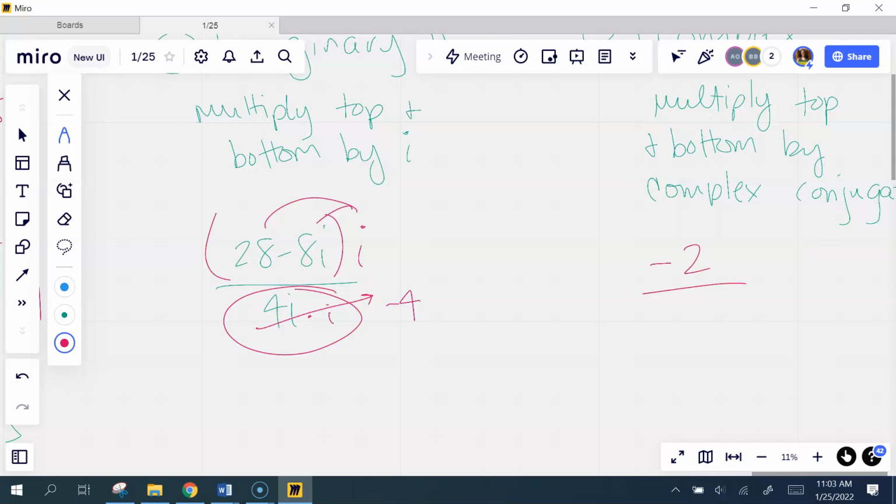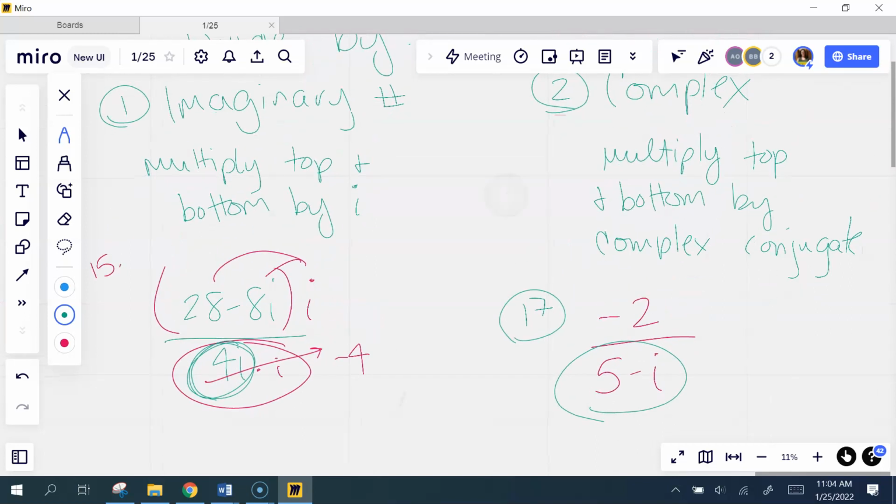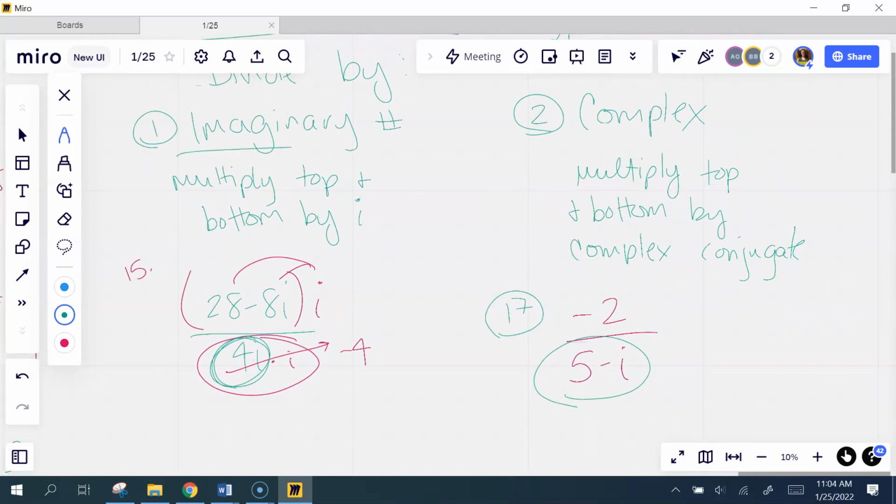Different than if I have this, because now that's a complex in the bottom. Do you see the difference? Can everybody see the difference here? This is number 15, and this is an imaginary number on the bottom. This is number 17, and in the bottom here is a complex. So you're looking to see, is it imaginary or is it complex?